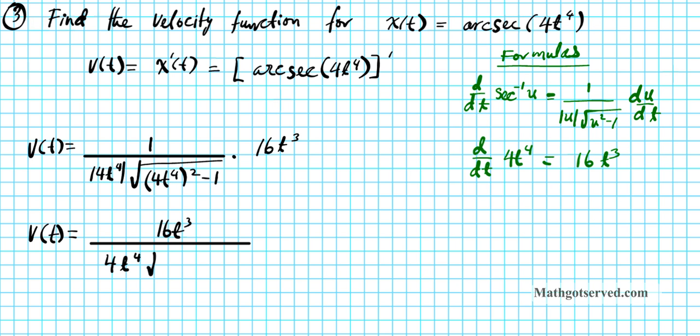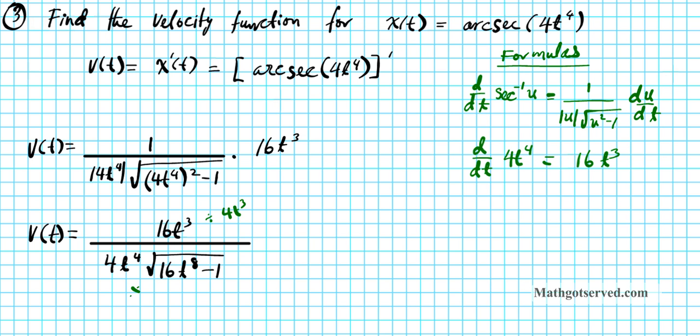And then that times the square root of 4t to the fourth squared. If you use the power of a product property of exponents, you square the 4, which is 16, and when you square t to the fourth, you have t to the eighth, minus 1. If you notice, we can simplify by dividing top and bottom by the GCF, which is 4t to the third power.